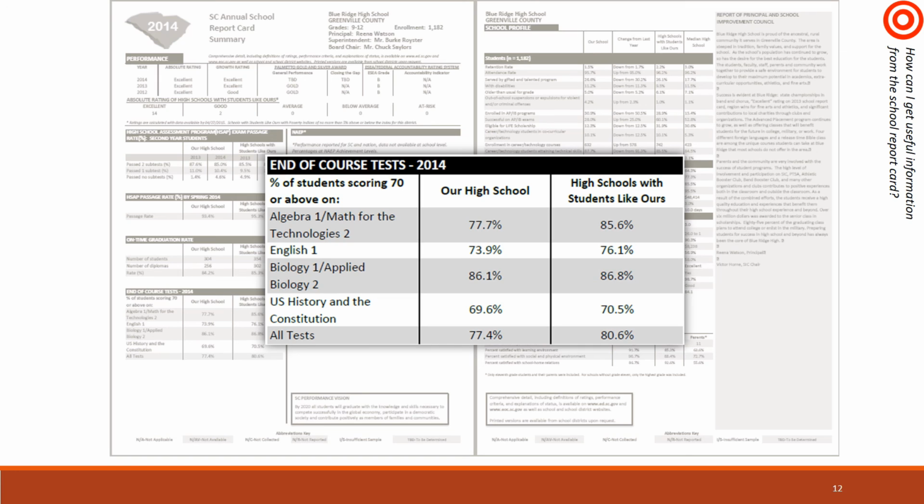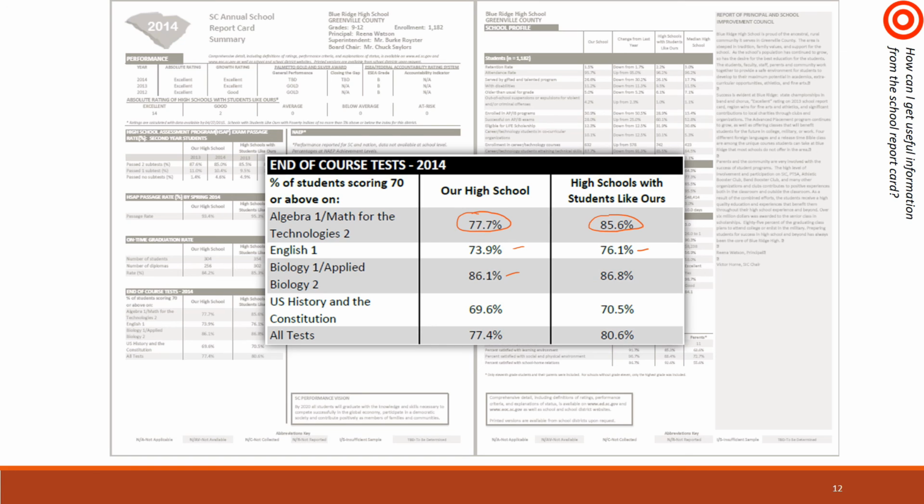So you can see that for Algebra 1, we had officially a 77.7% passage rate, whereas schools with students like ours had an 85.6% passage rate. You can look at English 1 and compare our 73.9 with their 76.1.